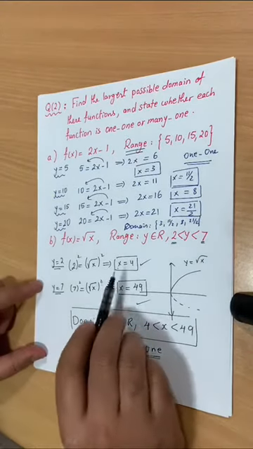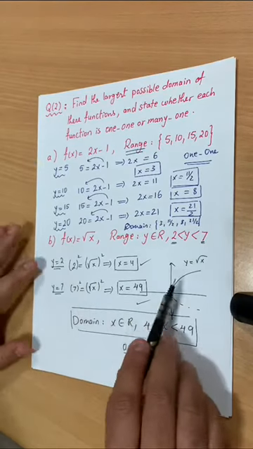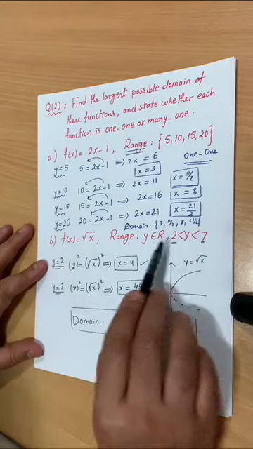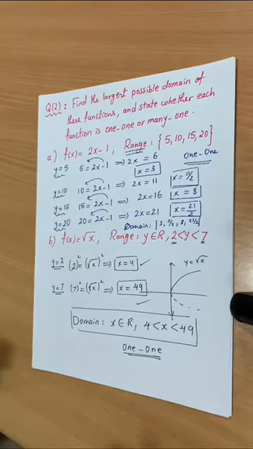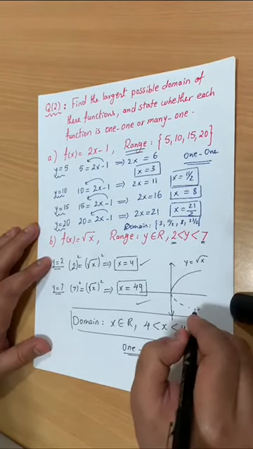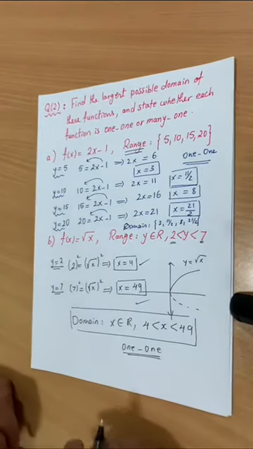By the way, replacing x value as 4, we can find two y values, positive 2 and negative 2. But in this case, you have only this range, which is 2 to 7. So we have to say that it's one-to-one if you have only this part. But for the whole graph, it is many-to-one.